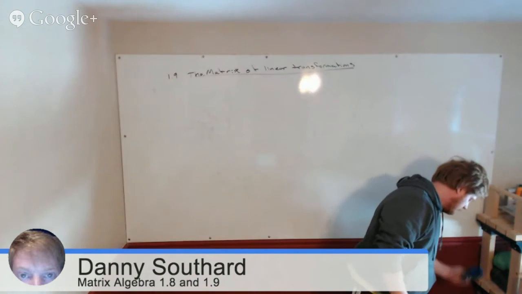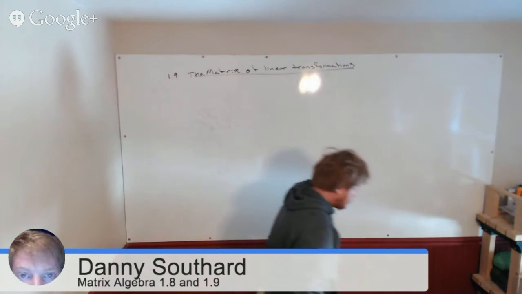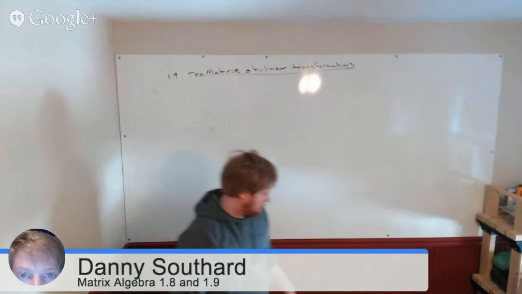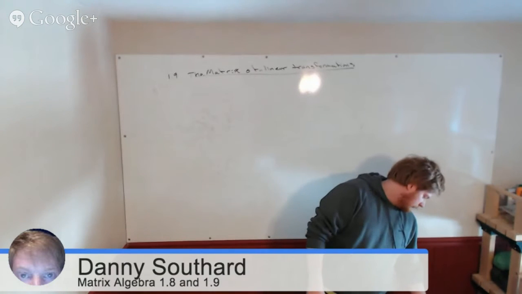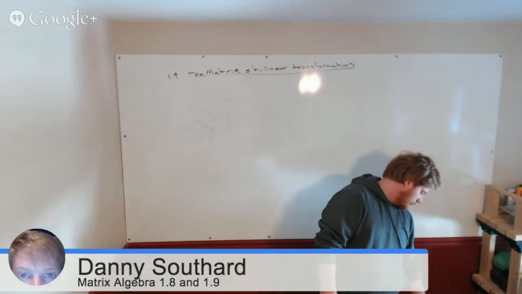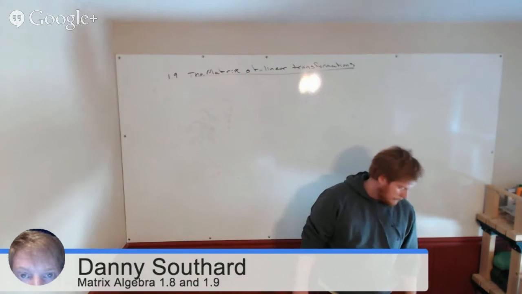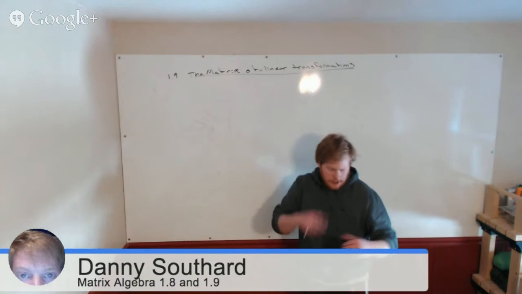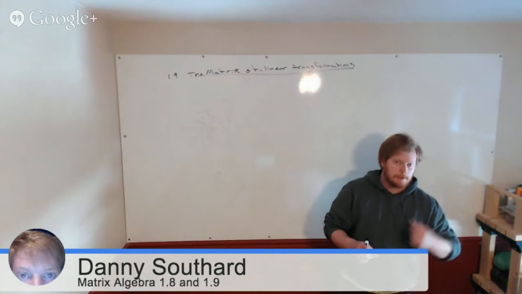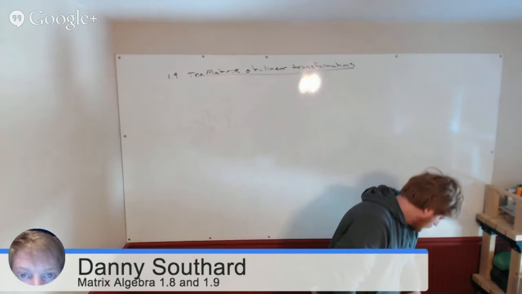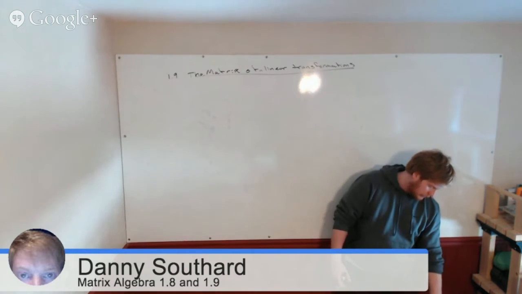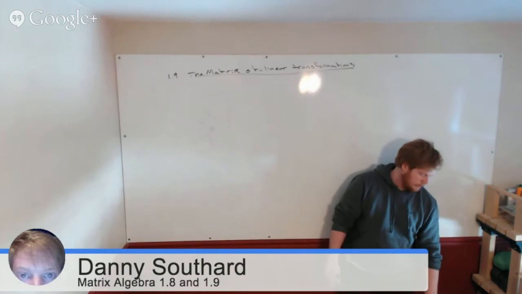The matrix. Okay, 1.9. So we want to be able to write formulas for geometric transformations, right? It would be wonderful if we had an idea of some geometric transformation that we would like to do, and then we could come up with a formula like that. Every linear transformation from Rn to Rm is actually a matrix transformation, x to Ax.